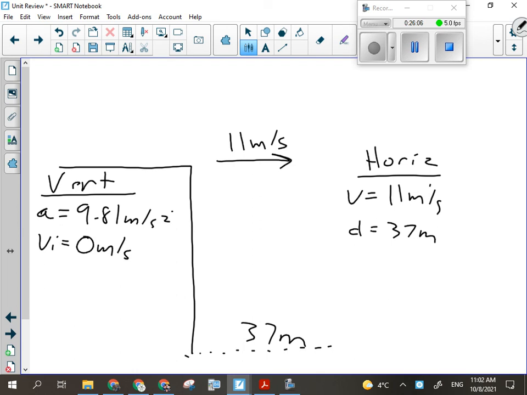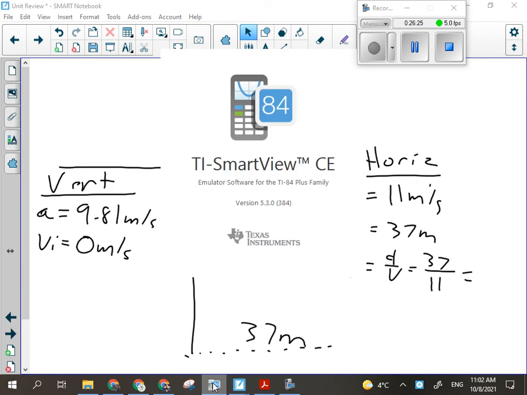So that's what I start with. Okay. What can I calculate with my horizontal information? Time, yeah. And so I should do that because time is useful. It goes on both sides. So T equals D over V. That's 37 over 11. I didn't fire up the calculator, so now we have to wait for it.